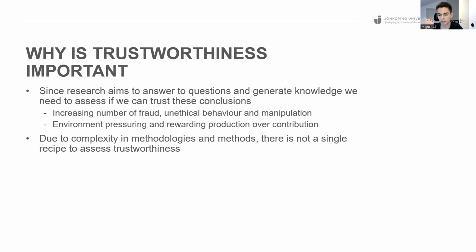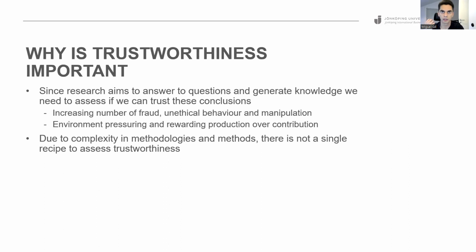And nowadays, well, it sounds a bit cliche, but nowadays there is an increasing number of fraud, unethical behavior, and manipulation. We will also discuss this on research ethics. And also there are a lot of things going on in the academic environment where there is pressure for, and it's rewarding this kind of just producing things, papers, books, rather than actually contributing to a better understanding and the development of knowledge.